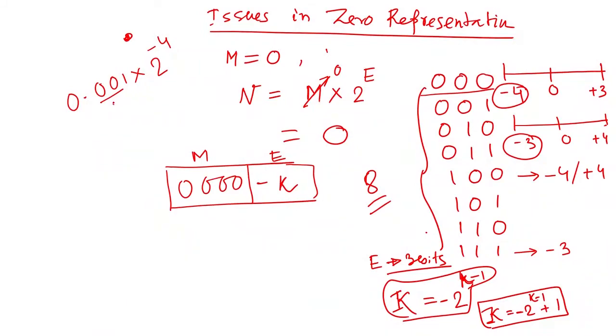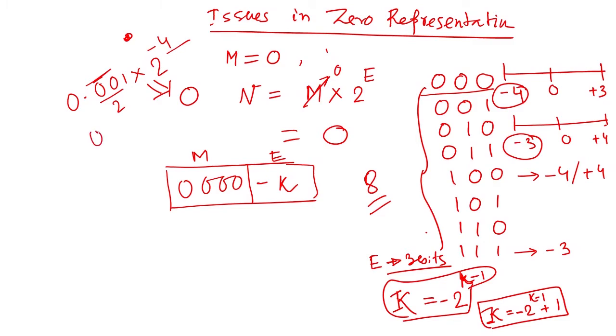So, in that case, with mantissa 2 bits and exponent 3 bits, we can represent the values here. This value will be very close to 0, because this is 0, you cannot normalize it again.